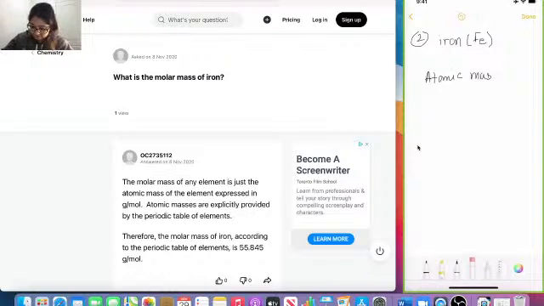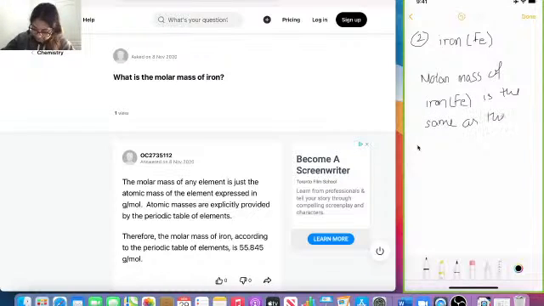So we can say the molar mass of iron, which is Fe, is the same as the atomic mass.